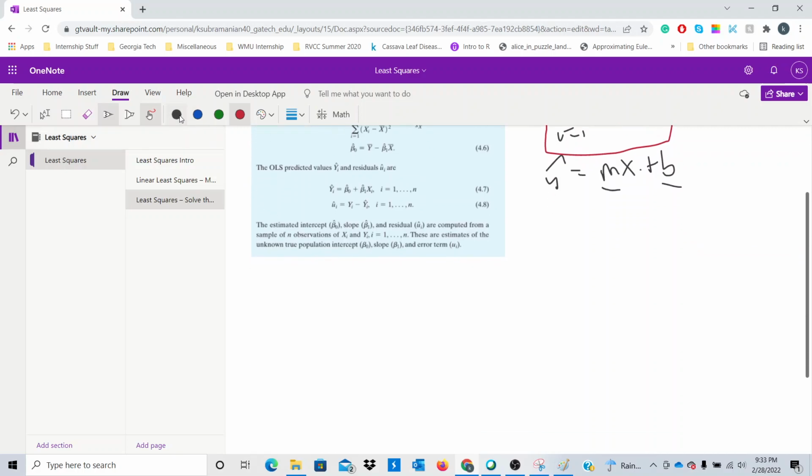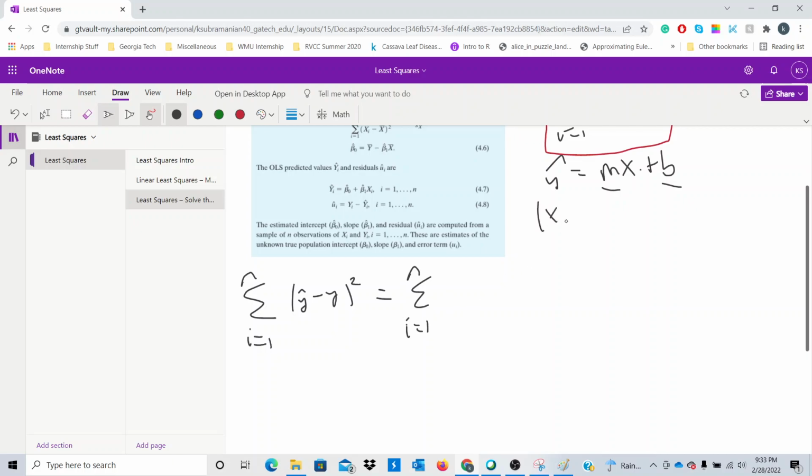So what do we have here? We start with i equals 1 to n. We're summing over our data points, and we're taking y hat minus y squared. Now, we know that y hat is equal to mx plus b. So this is equivalent to taking the sum for each data point from i equals 1 to n, because there are n data points.